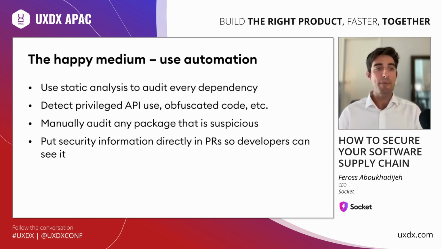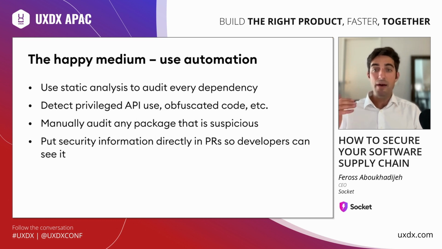So really the happy medium here is to lean on automation. What we recommend is using static analysis to audit every dependency and detect indicators of packages doing suspicious things, such as using privileged APIs like the file system or the network, or containing obfuscated code. If you detect packages doing these things, then you can manually audit just the most suspicious packages.